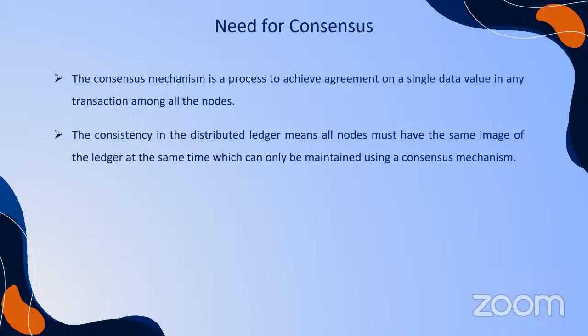It is only when consensus is achieved that the new transaction is recorded into the block, and it is linked to the already existing chain of blocks using a hash pointer to the previous block.